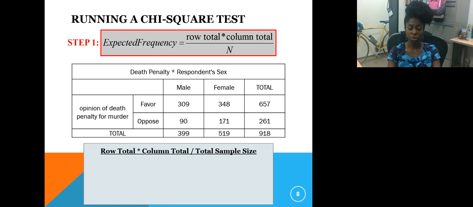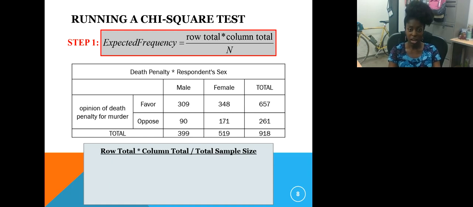So the first thing we're going to do is familiarize ourselves with this equation. It's very basic. It's nothing tricky about it. Row total, column total, total sample size, total, as we've been calling it. So row total, for the first row, what would it be? 657. Row total for the second row? 261.